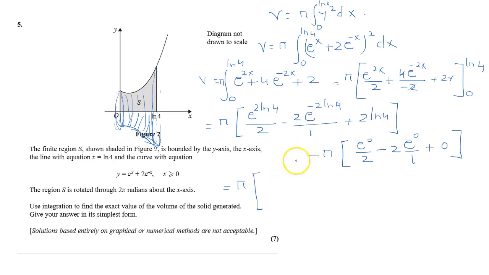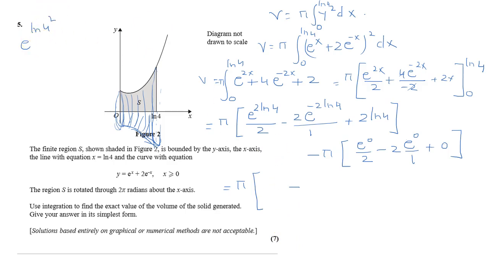So this is e to the power ln 4 squared, not 8, that is 16. 16 over 2 will be 8.